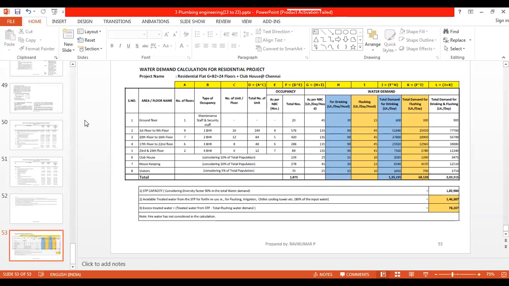How much time does it take? 4 hours or 8 hours it will take. Based on the 8 hours, how much liter per second will you put?